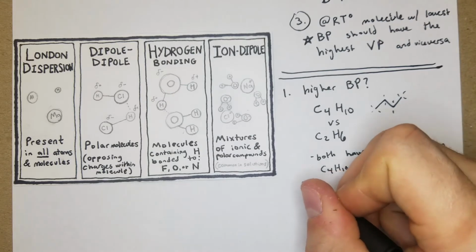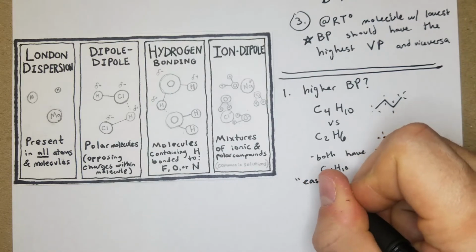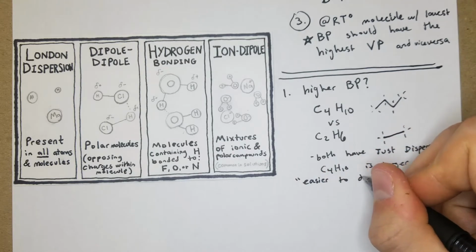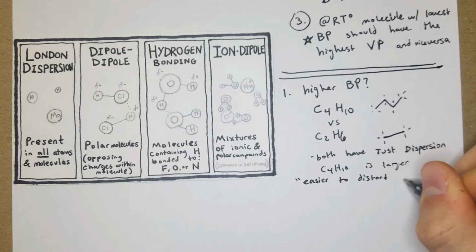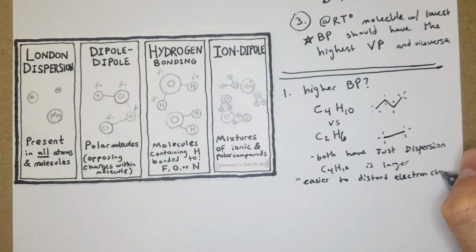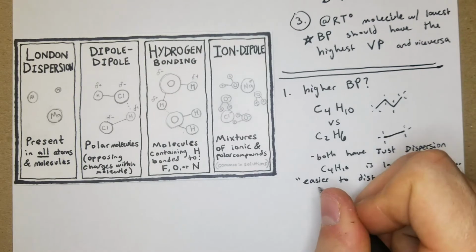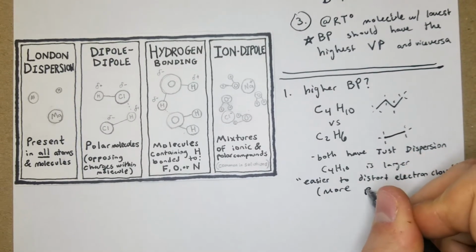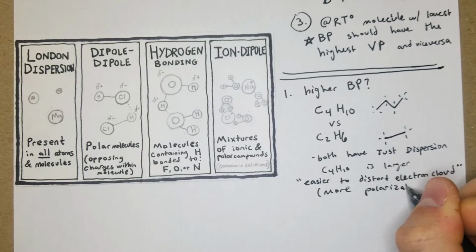What you could say is that it's easier to distort the electron cloud, or it's more polarizable.